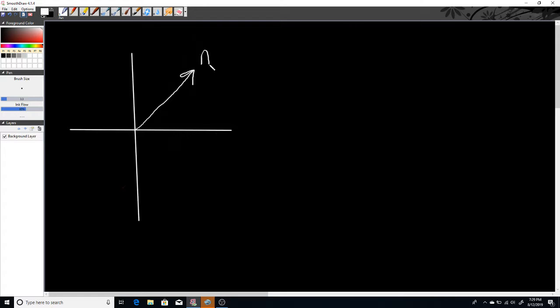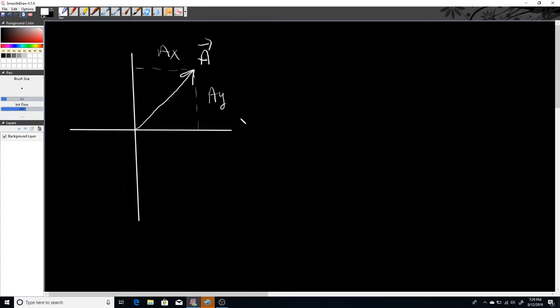So that means that if I have a coordinate system like this, with normal x and y-axis, and I have a vector which we'll call A, and we have the y and x components as normal.